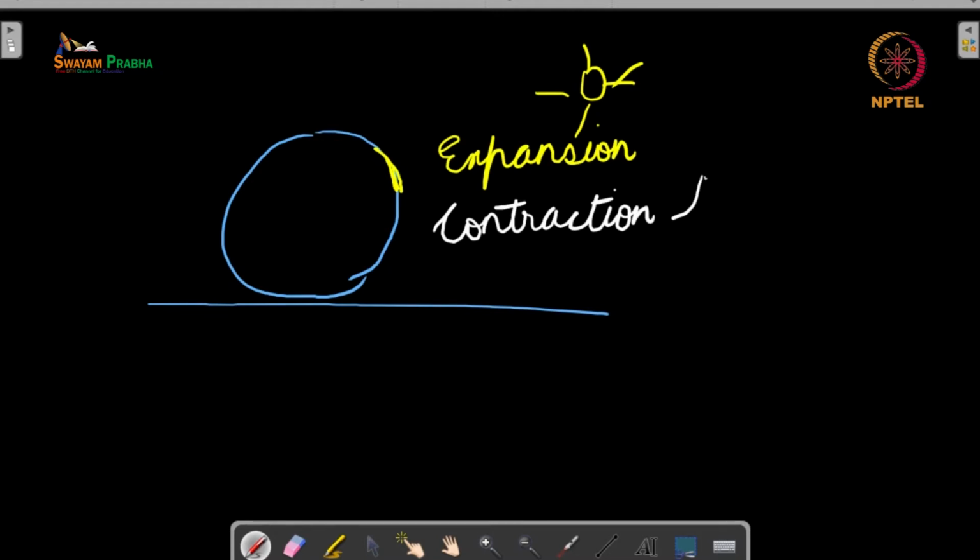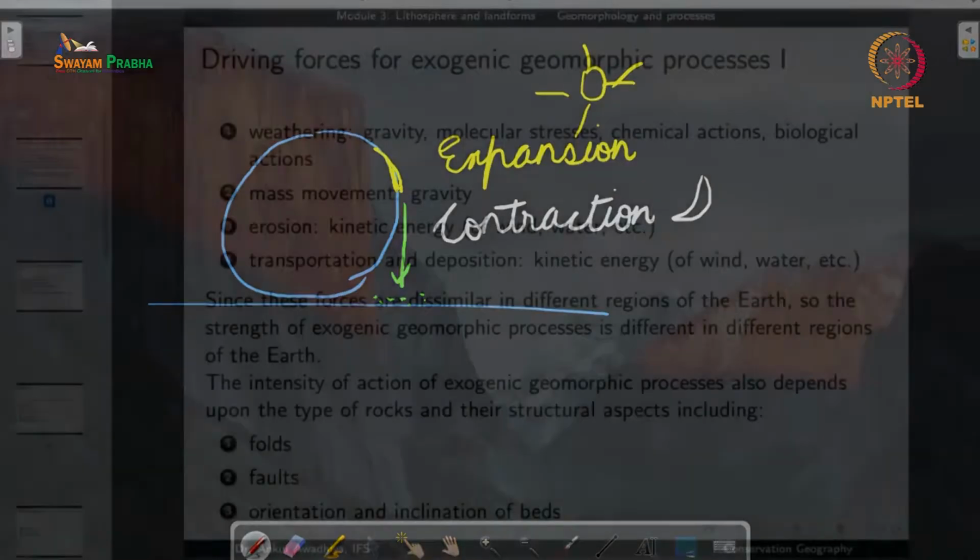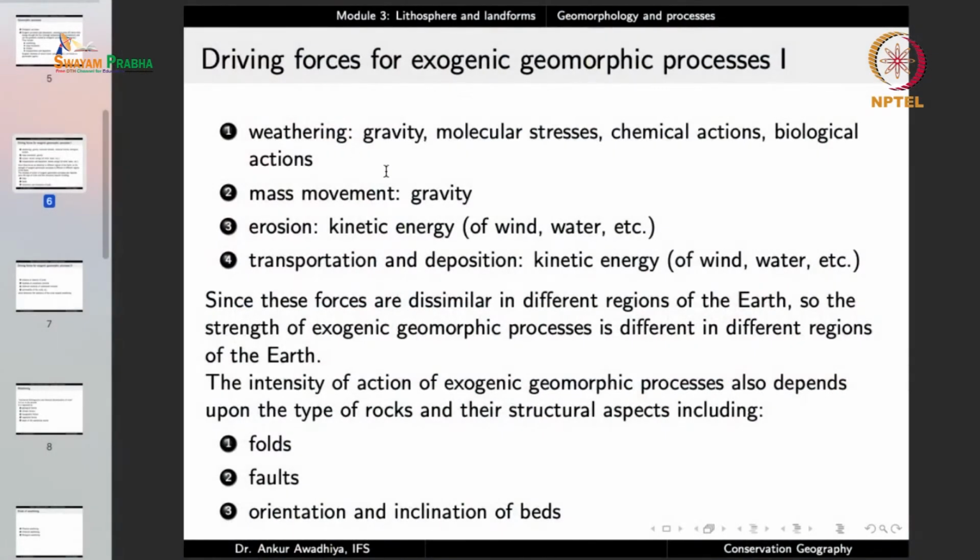Now, because of regular expansion and contraction, it is possible that this fragment will slowly break off. When it breaks off, it will move down because of gravity and it will probably accumulate here. So, gravity plays a role in weathering.